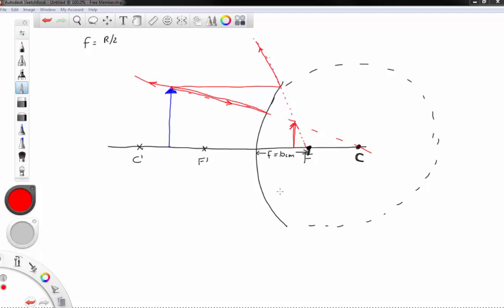If you drew this with a ruler and measured that this is 15 centimeters, this is 10 centimeters, and this is 20 centimeters, then you should be able to measure from here to here, and depending upon how carefully you did it, you'll find maybe 5.5 to 6.5 centimeters.